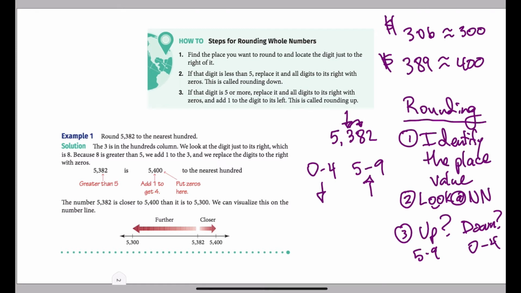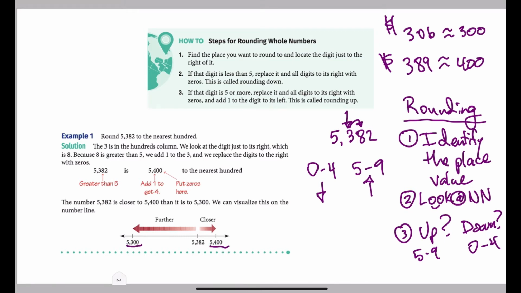So it's not the place value I'm assigned to round, but the neighbor number that helps me to decide. Then once I decide, I round that original place value up or down, and by rounding it down, really I just leave it alone. So the options here are either it's going to be 5,300 or 5,400. And it's simply a question of whether it's going to be over here or over here.